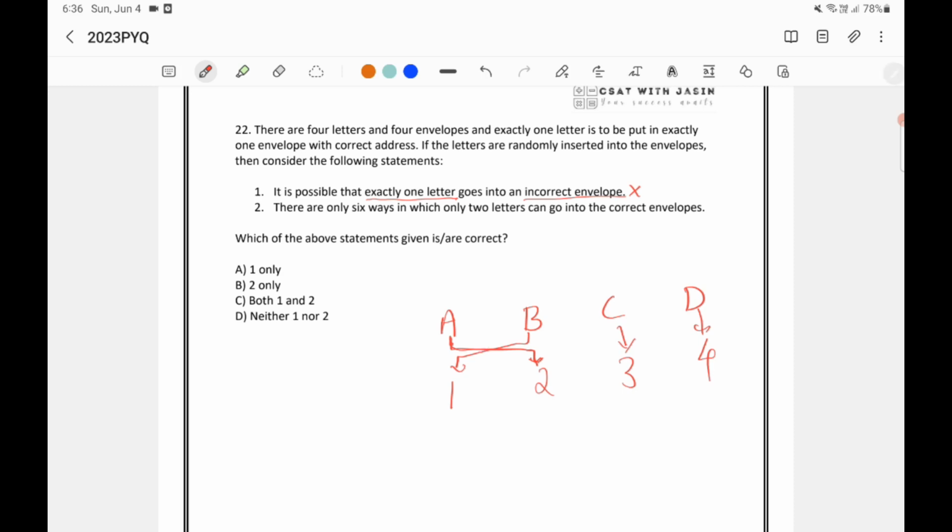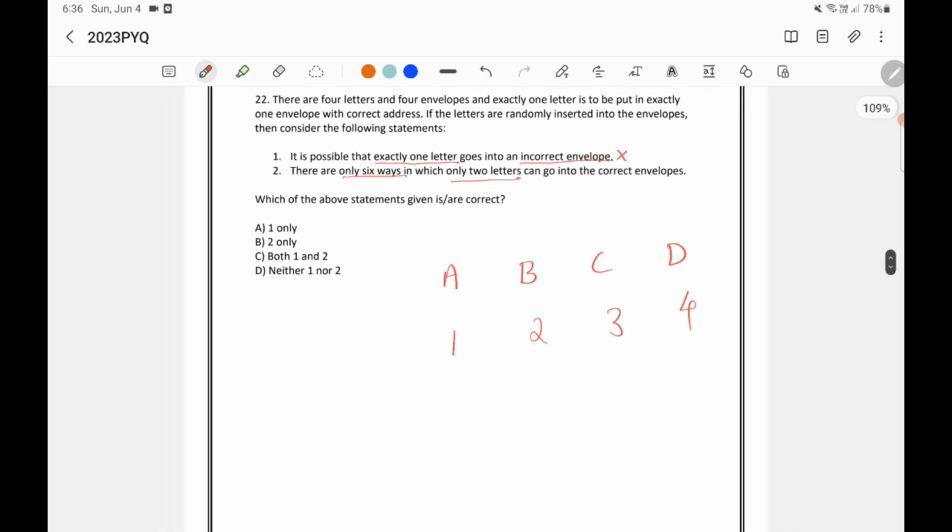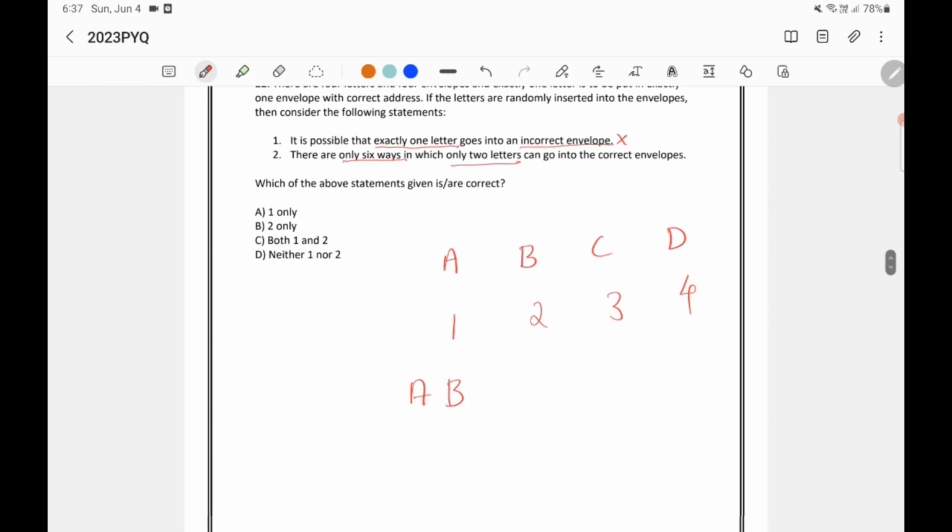Now let's take the second statement here. Second statement says that there are only 6 ways in which only 2 letters can go into the correct envelope. So 2 letters have to go into the correct envelope. Now let's say that A and B go into the correct envelope and C and D are wrong. That is one possibility. Now let's say that A and C go into the correct envelope. Then B and D go into the wrong envelope. So that is another possibility. Now A and D go into the correct envelope and others go into the wrong envelope.